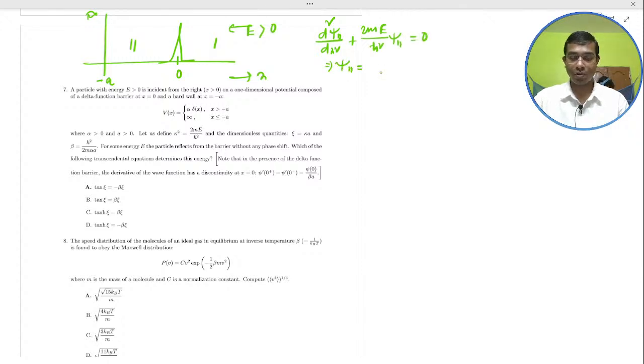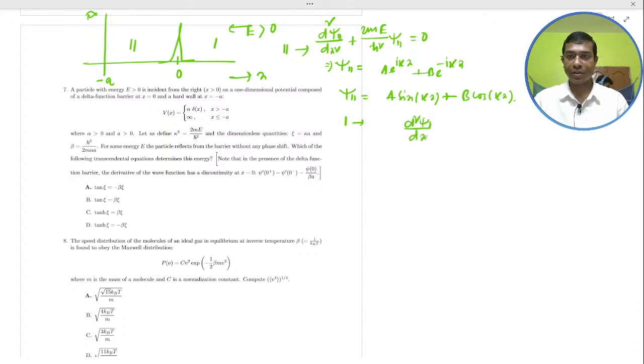That means psi 2 equals A exponential ikx plus B exponential minus ikx. The psi 2 can also be written in this form: A sin kx plus B cos kx. This is for region 2, and in region 1, d square psi 1 dx square plus twice mE divided by h cross square psi 1 equals 0.